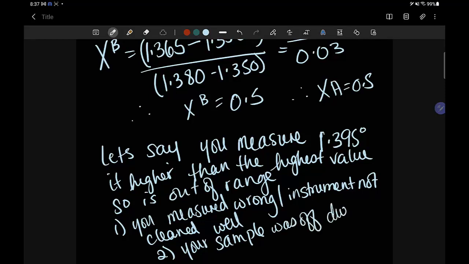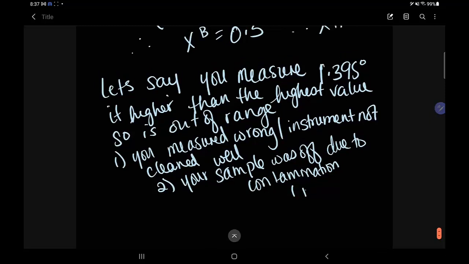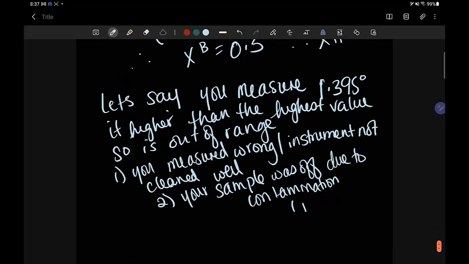Either you didn't clean the refractometer properly, like it wasn't dry enough before you used it, or you did something wrong in your sample, or you didn't measure it at ND20, you measured it at some other temperature and you didn't pay attention to that, or your sample is possibly contaminated.